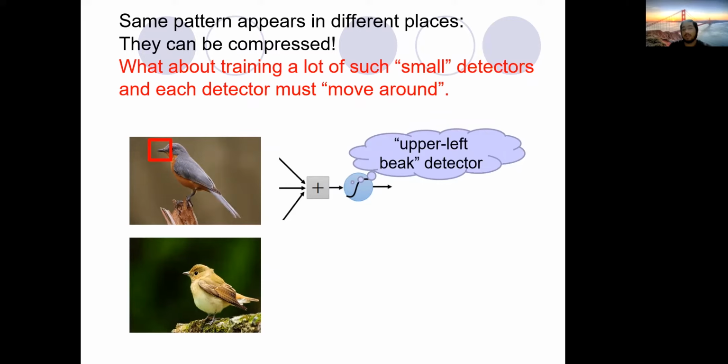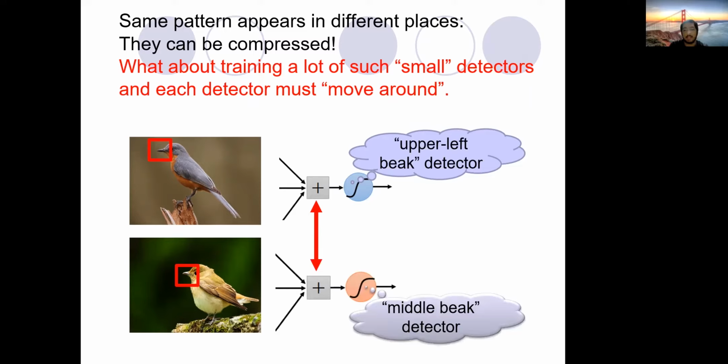So our computer does some process. We'll understand what that process is, and it tells us that the beak is located in the upper left corner. Now, for this bird, we know that the beak is located almost in the center of the image, right? So it will carry out some processes and tell us that this beak is located in the center of the image.